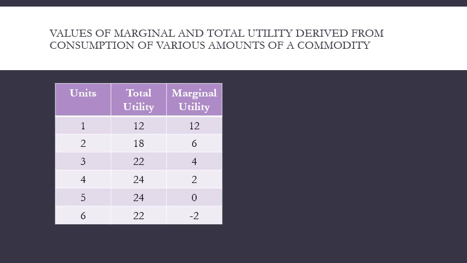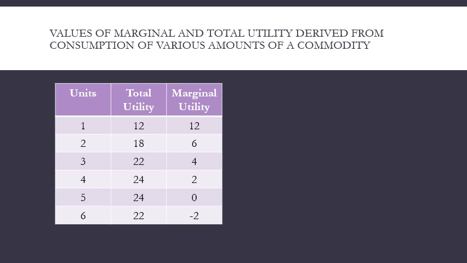Here we can find the total utility and marginal utility from the consumption of various amounts of a commodity. Suppose I'm giving you a laddu. I think all of you like laddu.